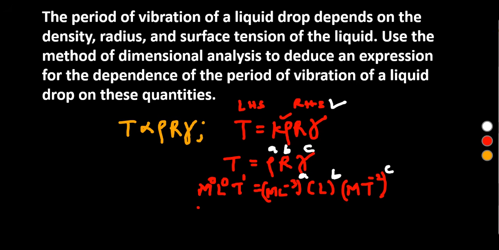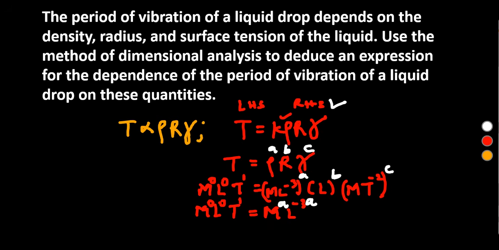So this is m to the power of 0, L to the power of 0, C to the power of 1. So this will be m, do not forget the power, m in this case will be m to the power of a, m to the power of a.